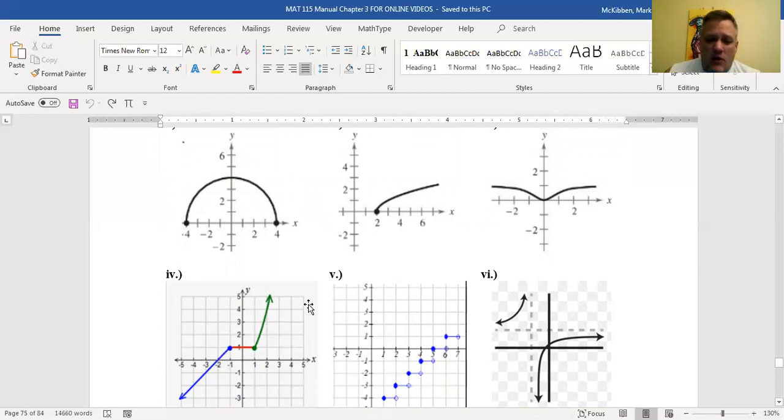And so it's not one-to-one in a very big way, right? Reflecting both of these over the y equals x line would produce parts of the graph that would be actual vertical lines and not functions in a big way. This guy is one-to-one. Again, it passes the horizontal line test.